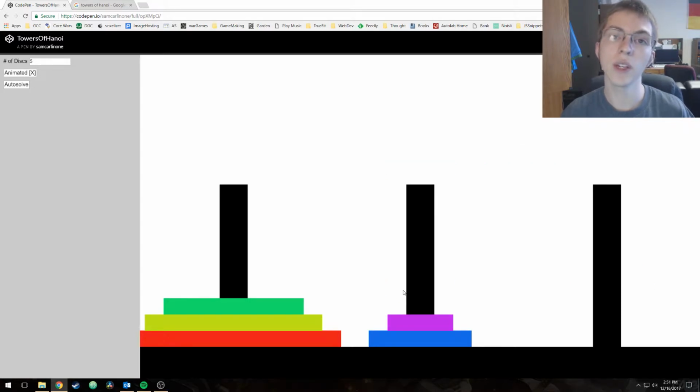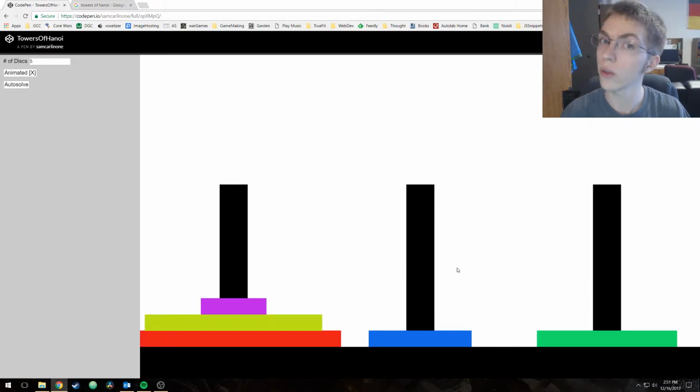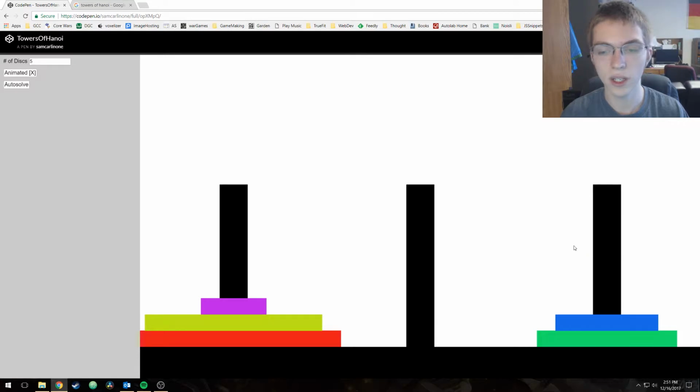So as you can see, if we want to move any disk other than the smallest one to a different place, we have to clear out the disks on top of it, and in sort of, I don't know, a process or algorithm to do this.